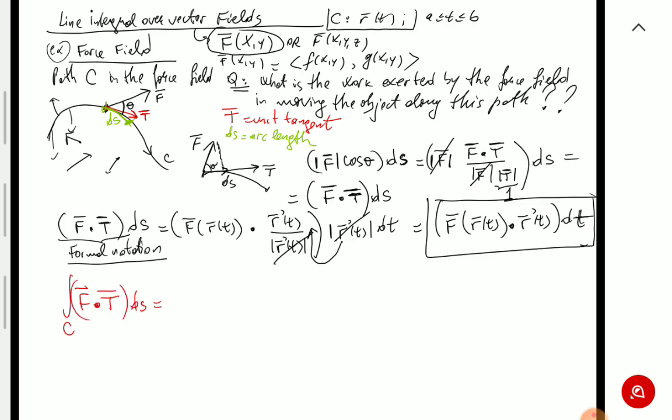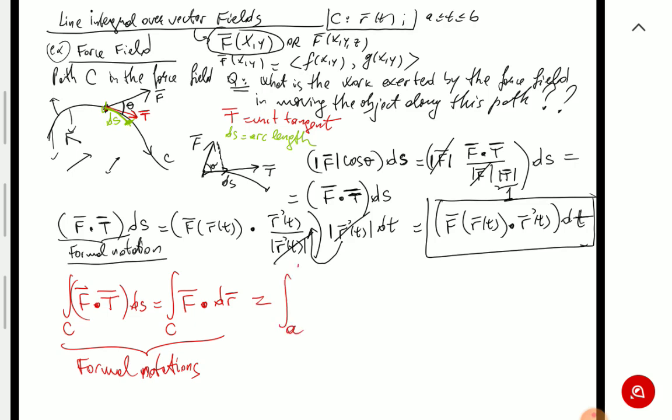Another formal notation that is quite practical is F dot dr. This is a shortcut to indicate that you do the dot product of the vector field evaluated at the curve with dr. Think of dr as the differential of r, which is the derivative of r dt. It's important to keep in mind these are just formal notations.